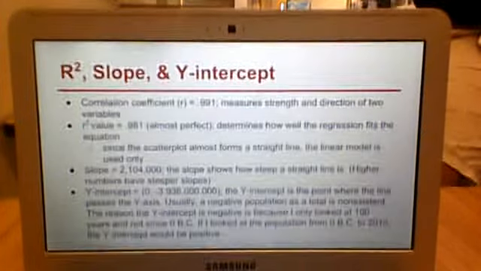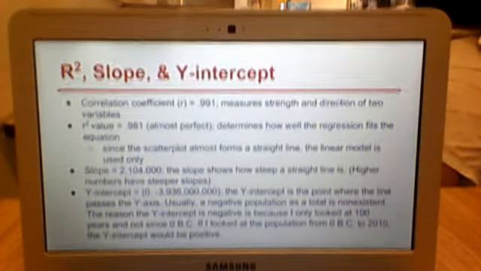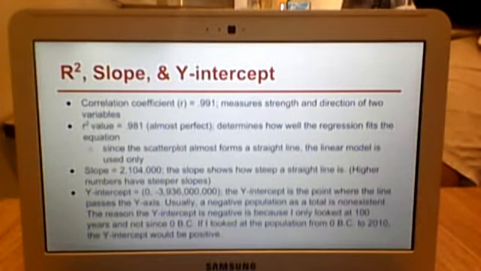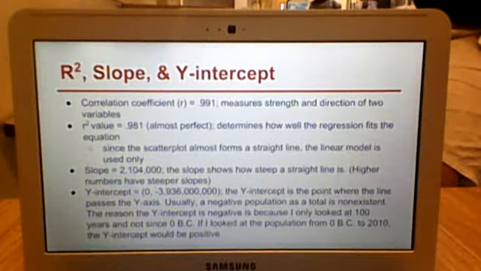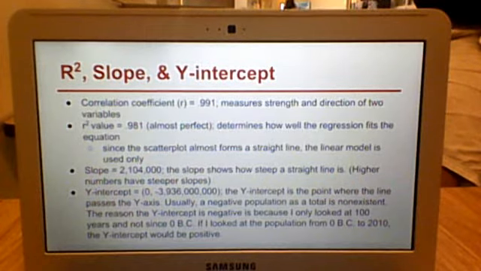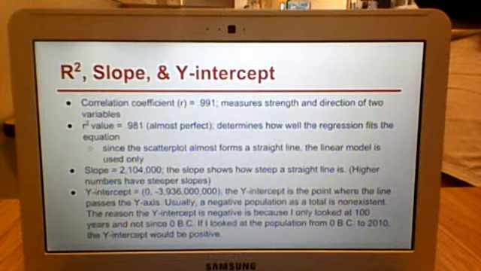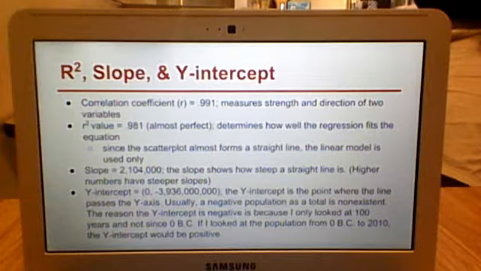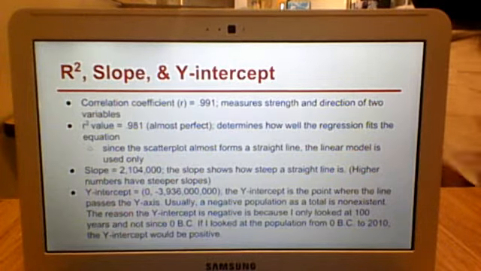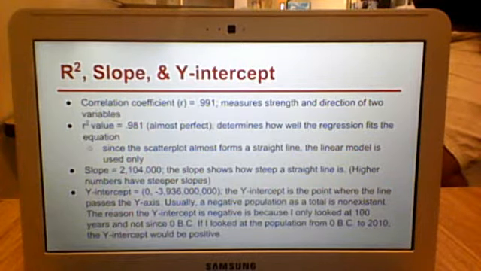So for r-squared, slope, and y-intercept, they're very important for residuals and for finding out if the data is a good fit for the equation. So for the correlation coefficient, which is also known as R, I got 0.991, which measures strength and direction of two variables.